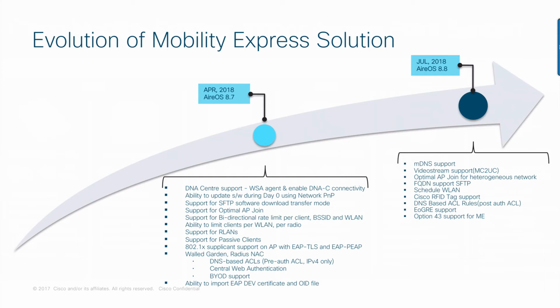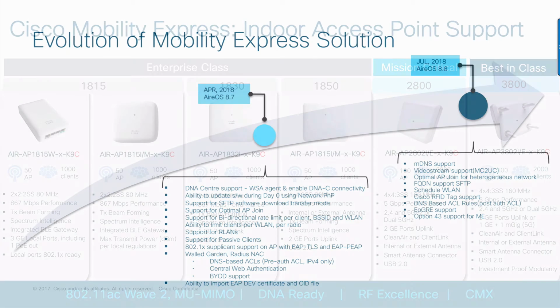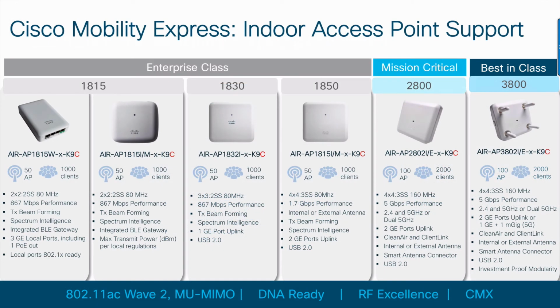Let's take a look now at the APs that support Mobility Express. So this is basically the indoor access point portfolio, starting with 1815 all the way up to 3800. And as you can see here, all these APs support Mobility Express, which means that all of these APs can run the controller function.